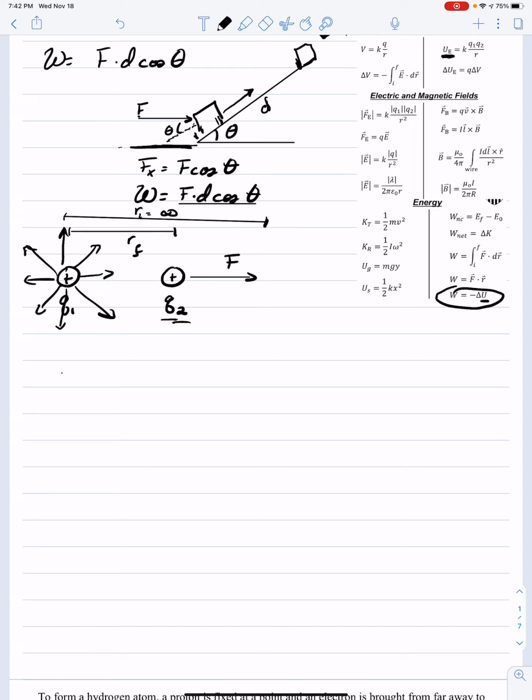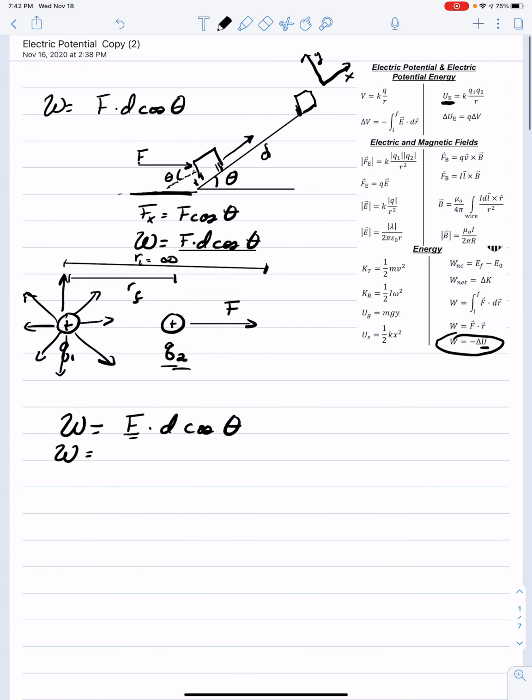We know that work is equal to force times distance times cosine theta. However, because we're dealing with electrostatic forces, we can change this force into the equation that they give us here.